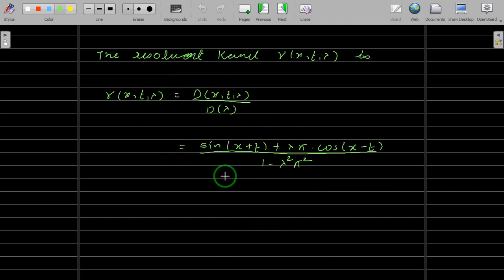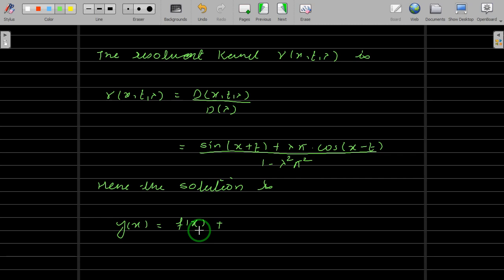Right? So once we have this resolvent kernel, by Fredholm's theorem we know that hence the solution is given by y of x is equal to f of x. If you have noticed, nowhere have we used this term in the calculation of this d of x, t, lambda and d lambda, but in the proof you can check what is the significance of this f of x. Right?